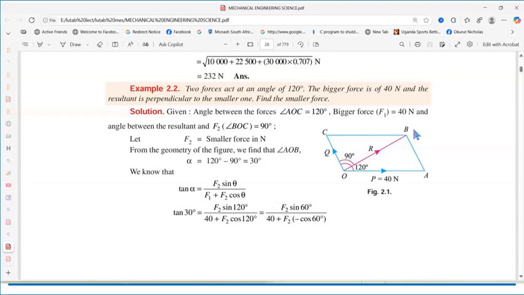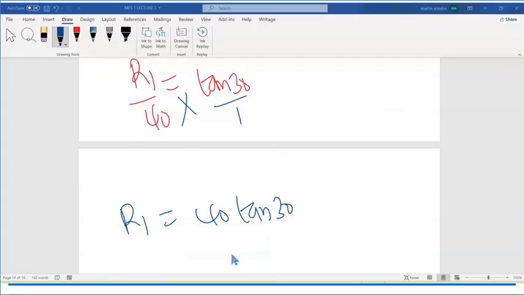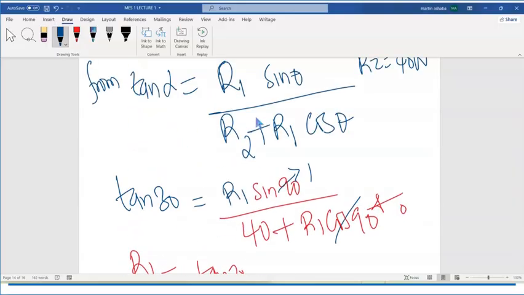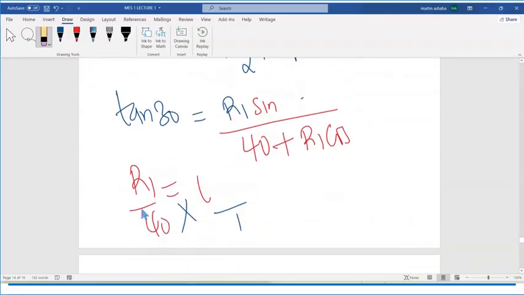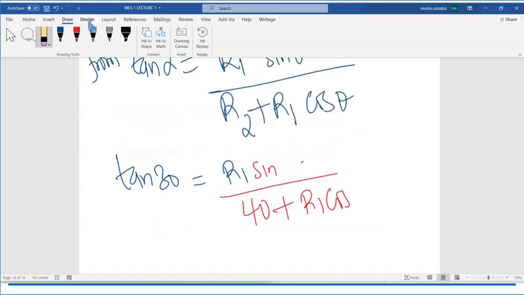So this person, I think they made a mistake here because the angle between the two forces here. No mistake here. Sorry, we are the ones making a mistake here. So what is theta?